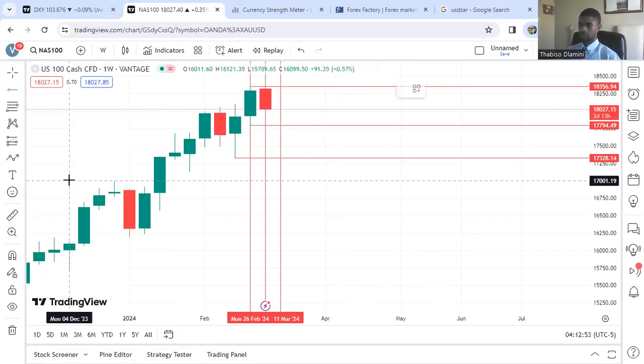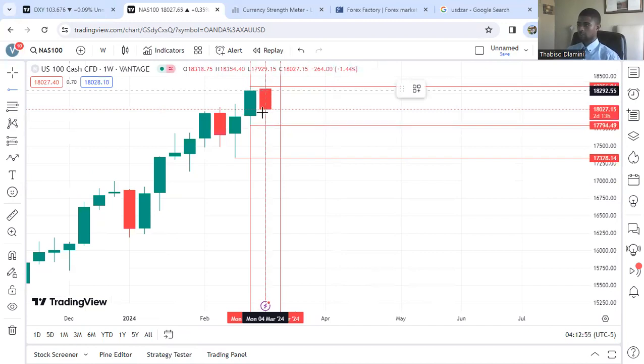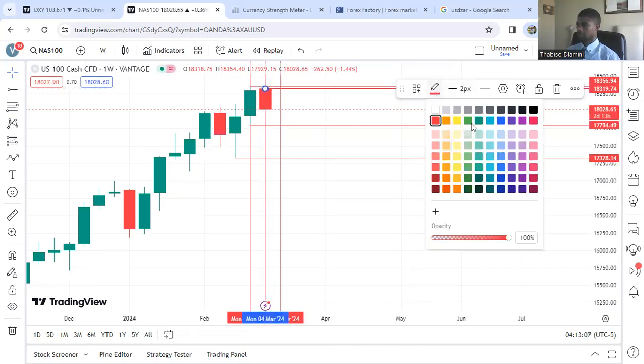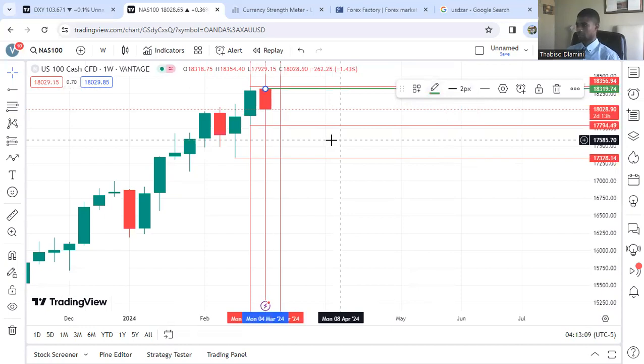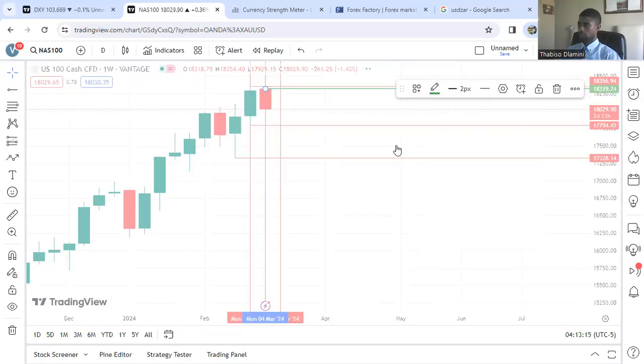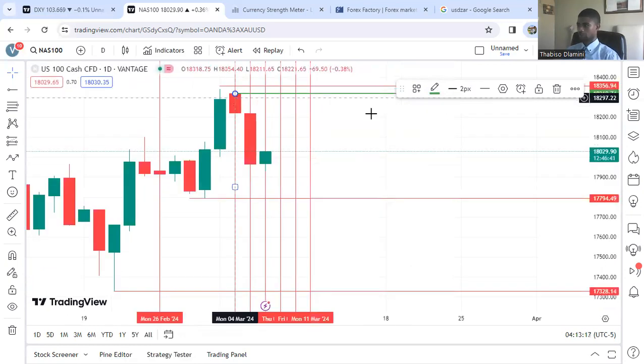But as we can see, this week opened right there. So this could be a weekly open and a close. So we're going to change the color and make it green. This is our weekly open, relatively close to the high. And then let's go back to our daily charts.